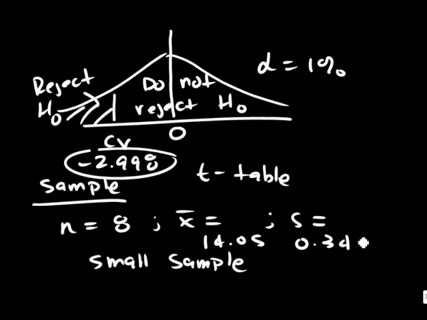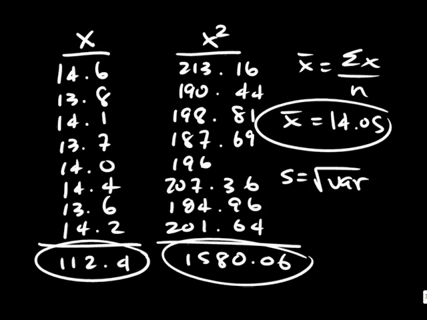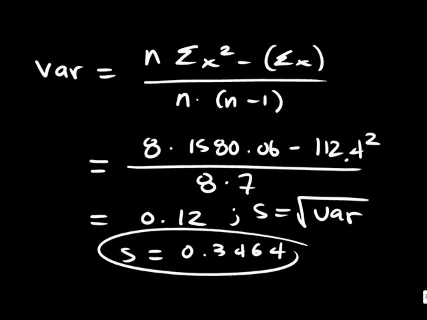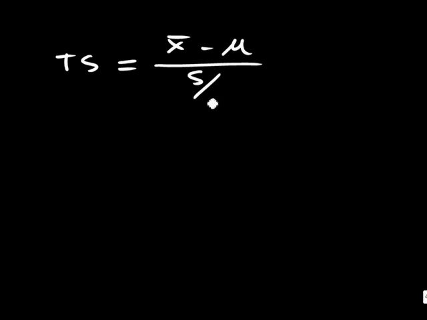We're now ready to compute our test statistic. Your test statistic is going to be, again, sample mean minus the true mean over sample standard deviation over the square root of the sample size. So we'll get 14.05 minus 14 over 0.3464 divided by the square root of 8.